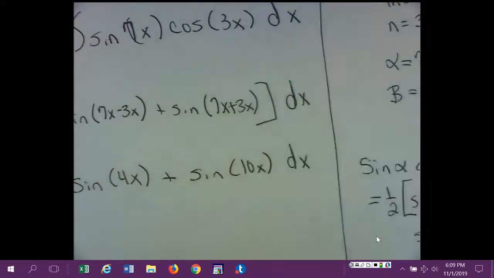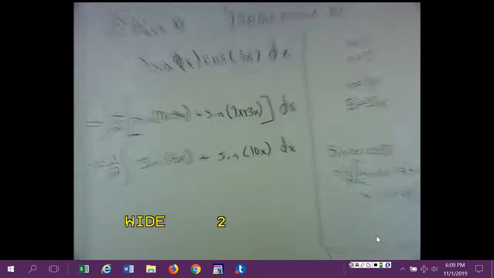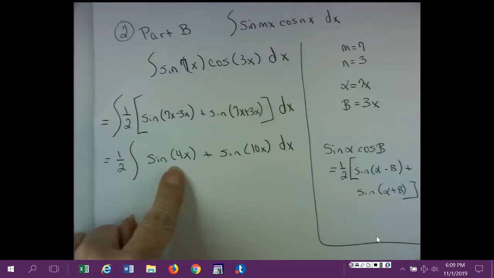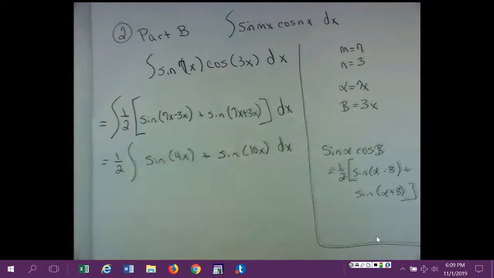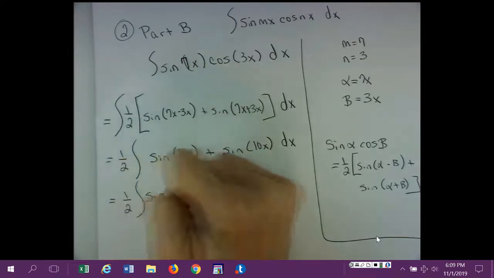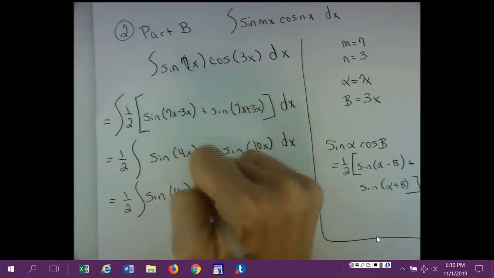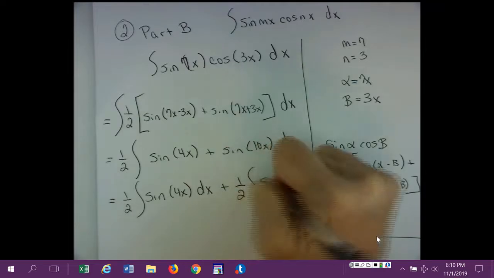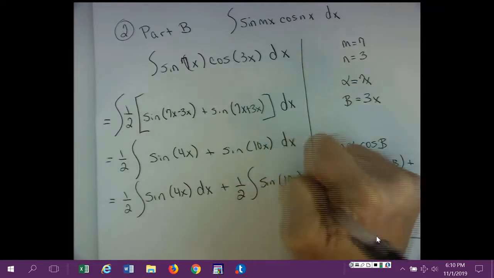What is highly recommended at this stage is that you do 2 different rounds of u sub. U is 4x, w is 10x, or you could just break it up into 2 indefinite integrals. But make sure you say the 1/2 applies to both of those indefinite integrals, not just one of them.